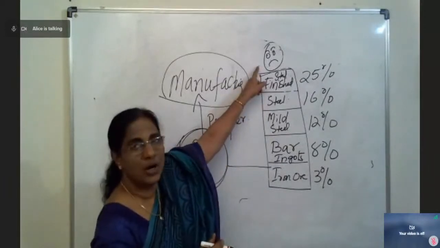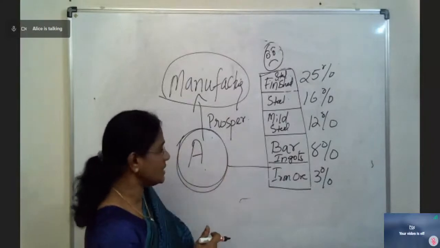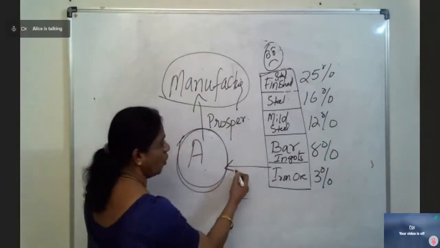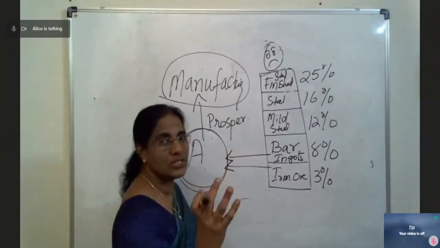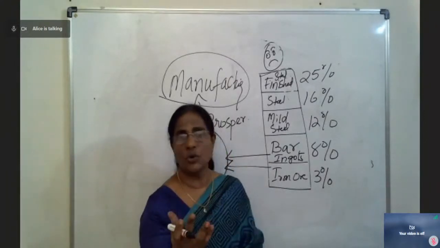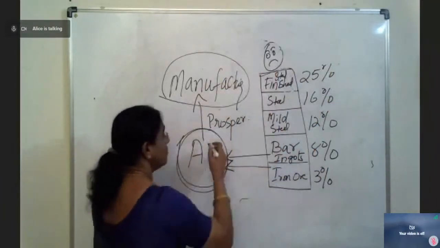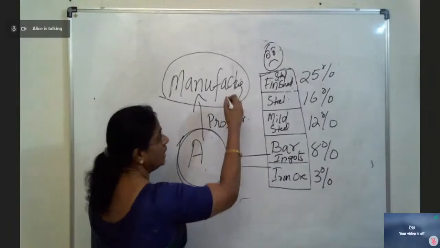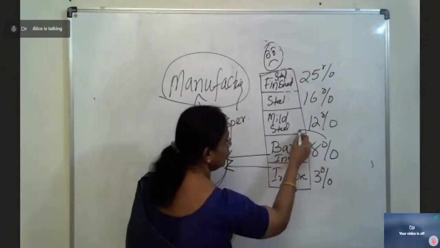A poor country finds it very easy to access with iron ore, with a very low processed good. So we have no alternative, right? If we have to sell our finished steel, A will charge 25%. It's a big barrier. We cannot enter. So what will we do?